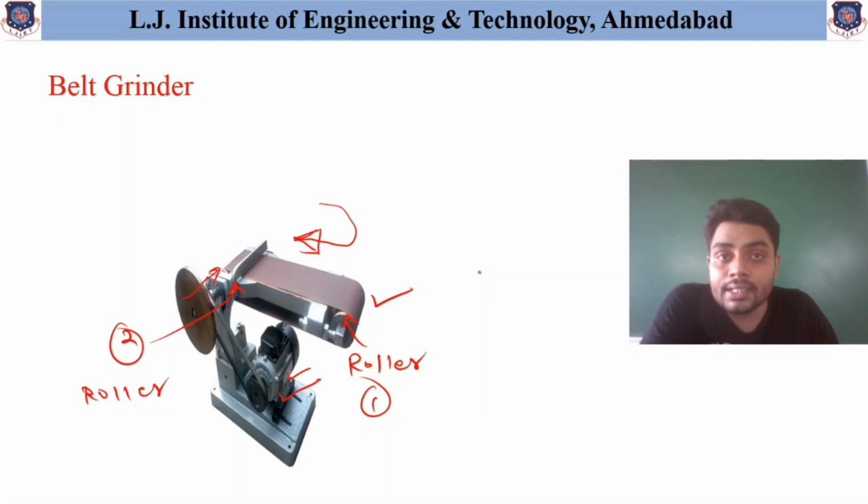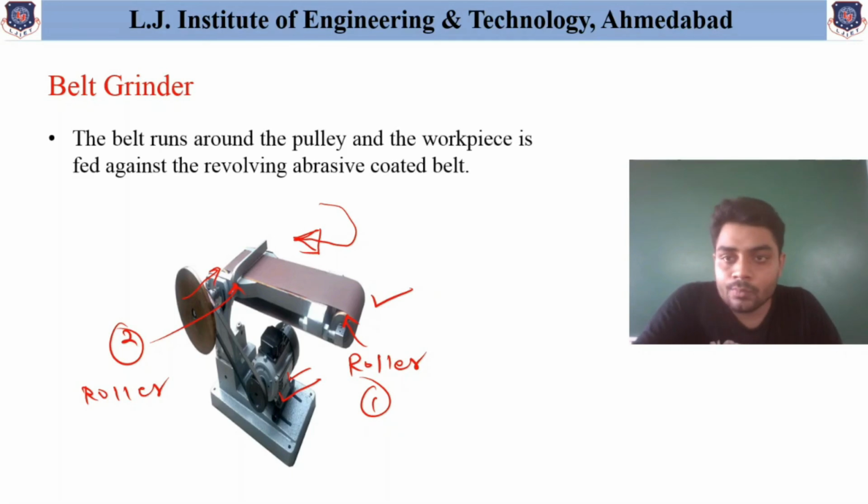And this belt grinder machine is in many cases used for metallurgical specimen preparation. For the first rough grinding operation or those sample preparation steps, this belt grinder machine is used. The working principle is similar to that we have discussed in our previous topics also. So as we have discussed, this belt runs around the pulley and the workpiece is fed against the revolving abrasives, that is the coated belt.